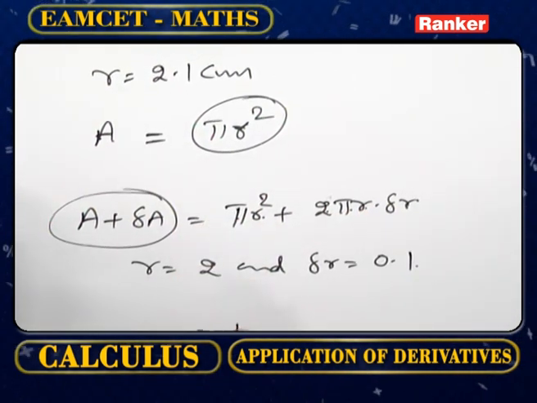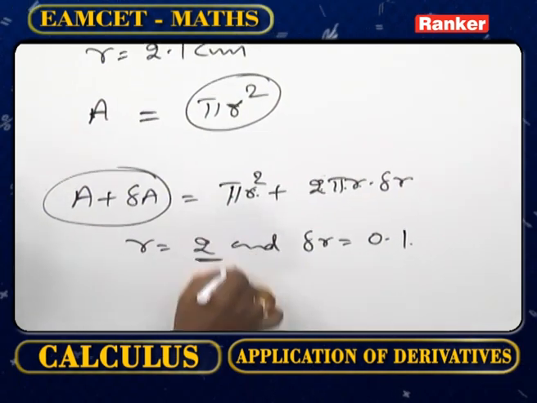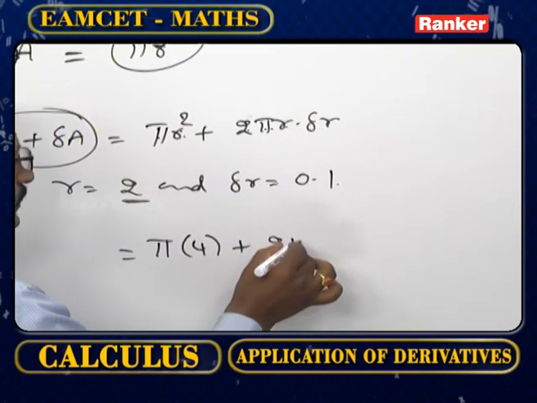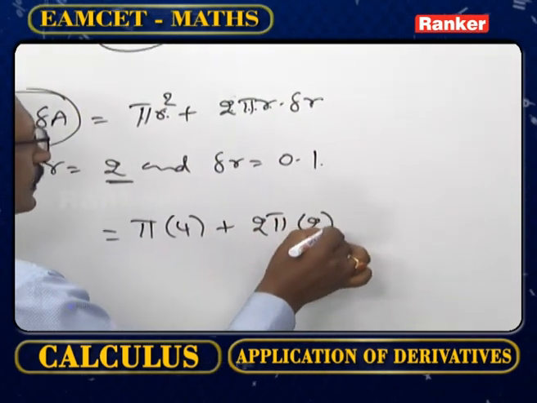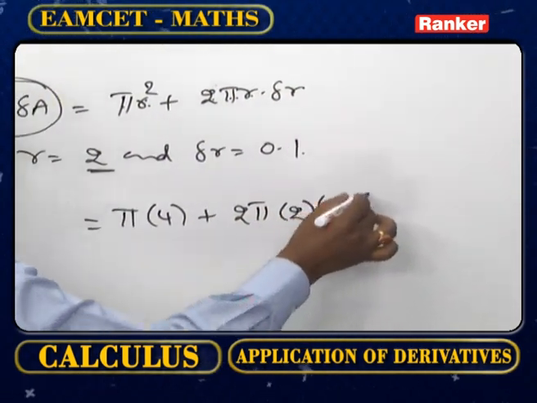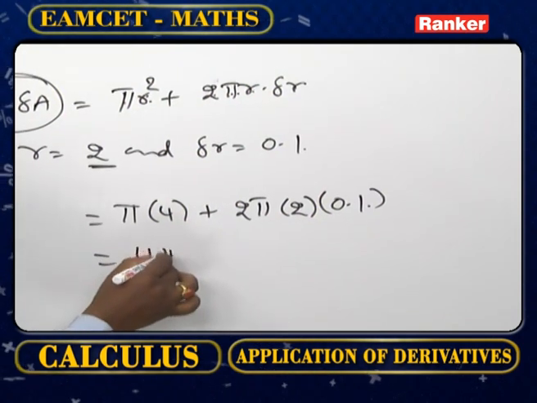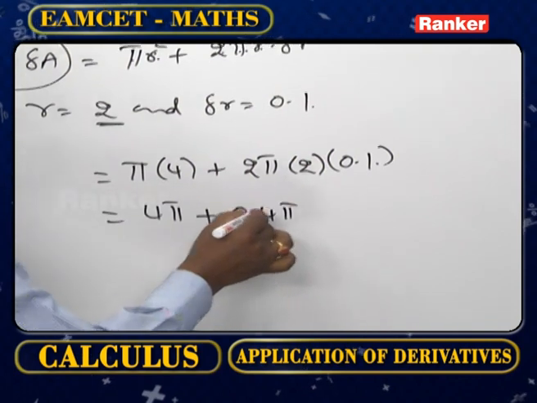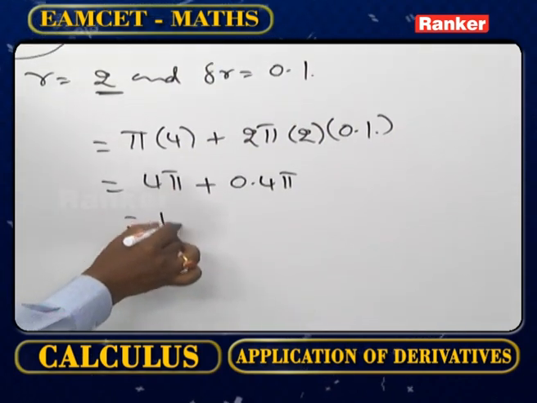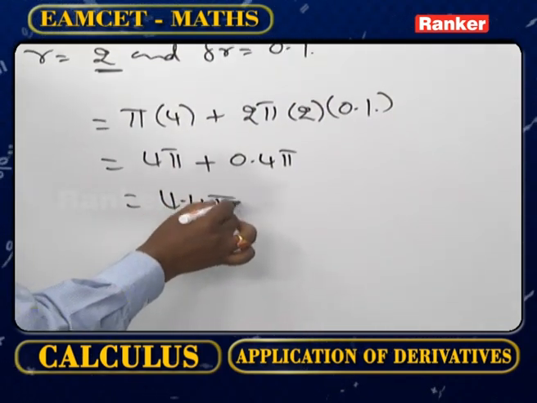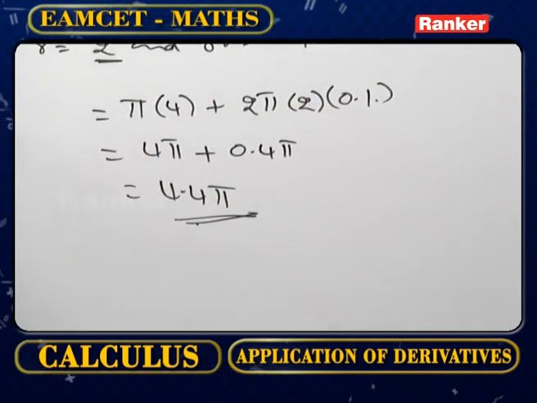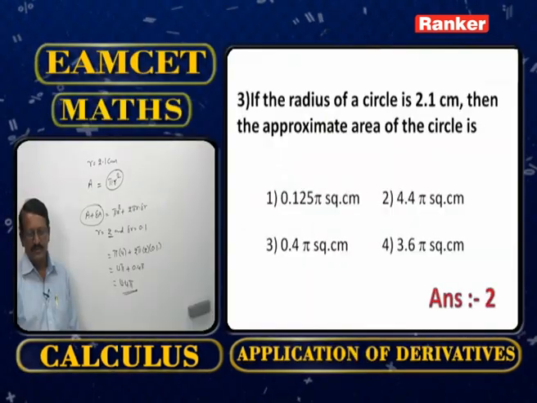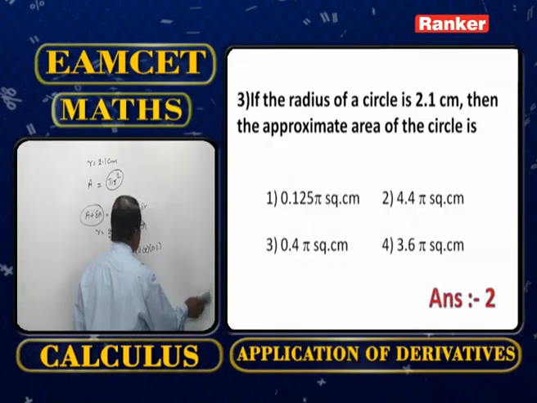That equals pi into 2 square, which is 4, plus 2 into pi into 2 into 0.1. That equals 4 pi plus 0.4 pi. By adding both, 4.4 pi square centimeters is the approximate area of the circle. Now the second option is correct.